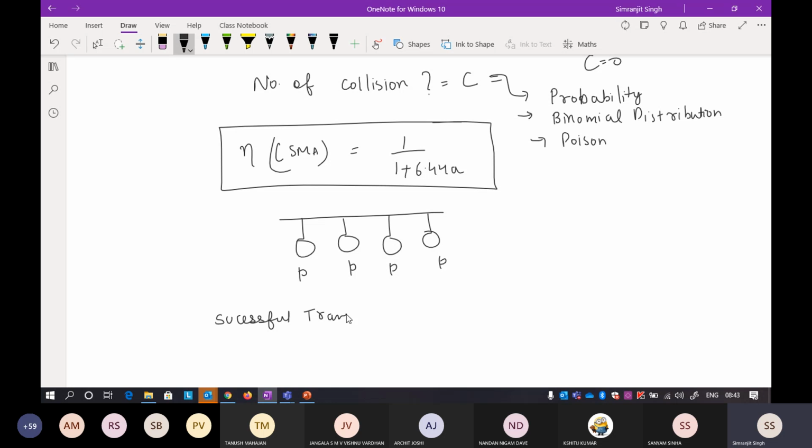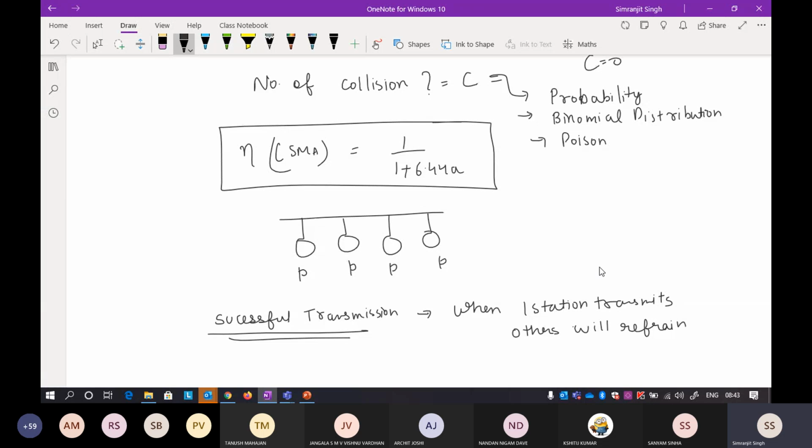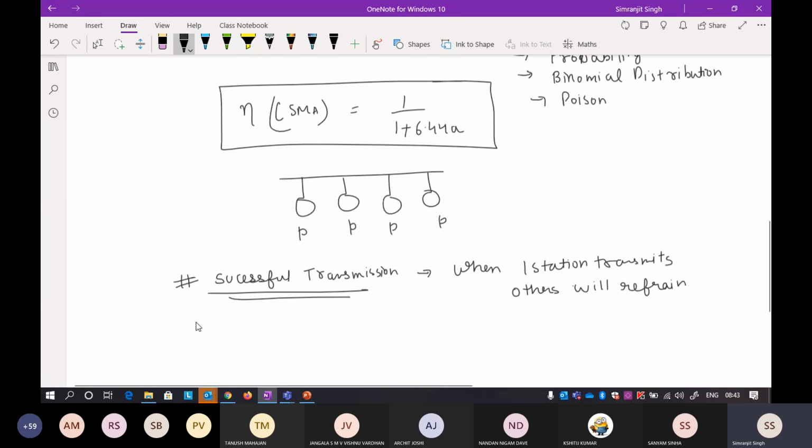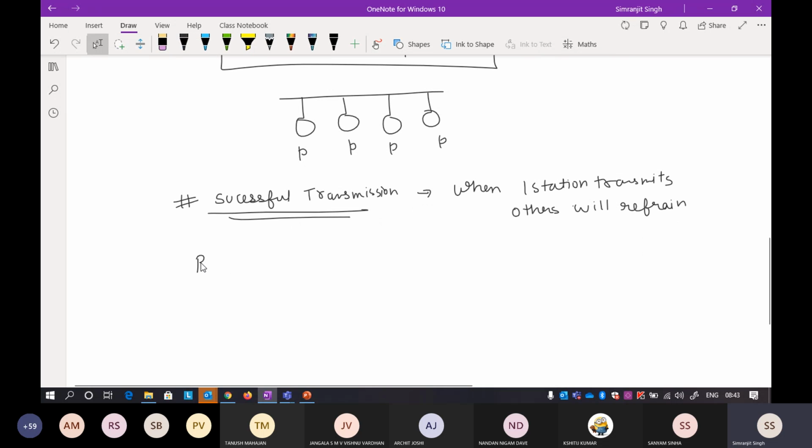A successful transmission is when one station is able to transmit the data and the others refrain. It means that the others refrain from sending data when one station is sending data. In that scenario, my transmission is successful. So I have to find out the probability of success when only one station transmits.